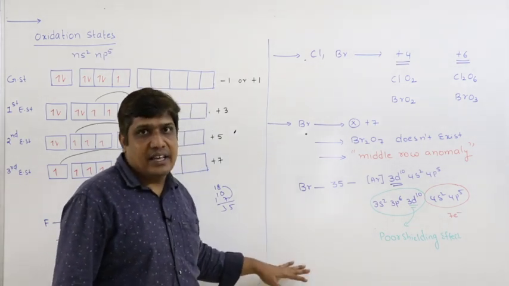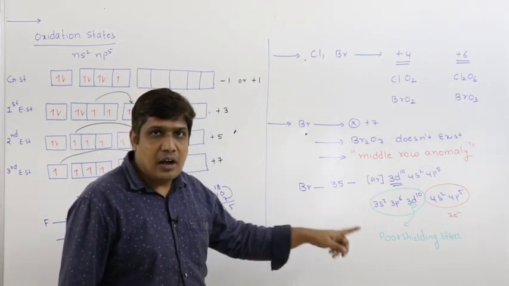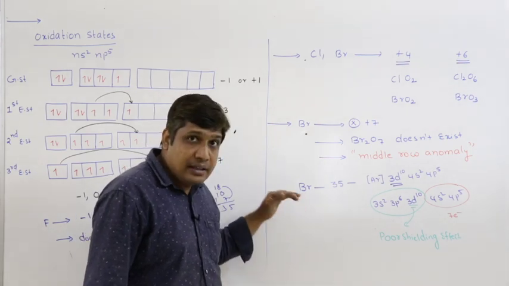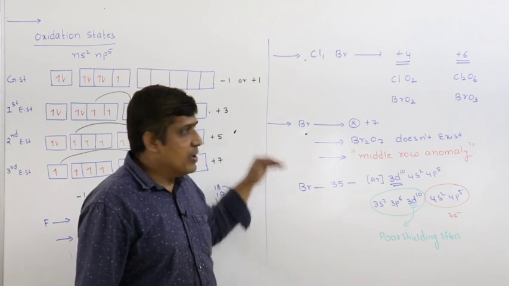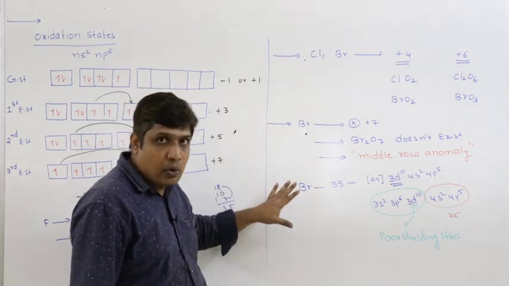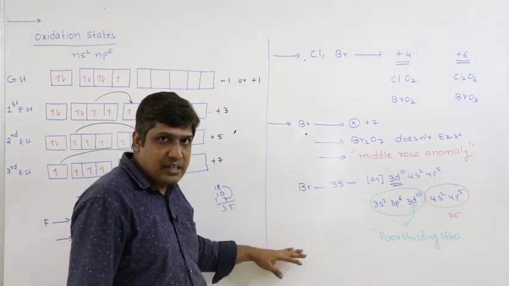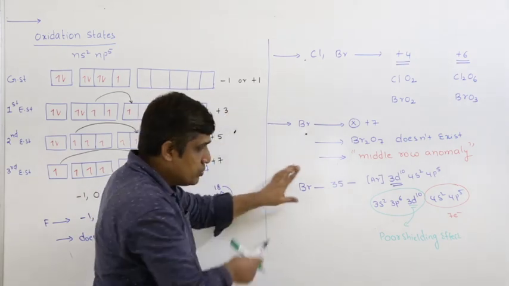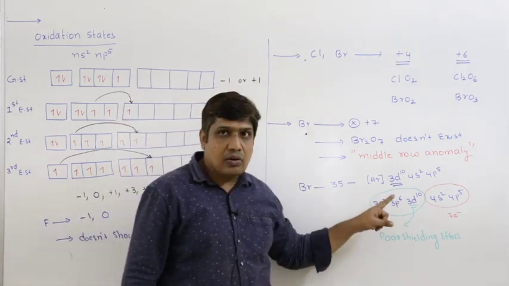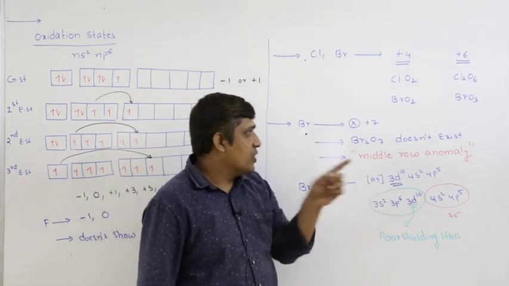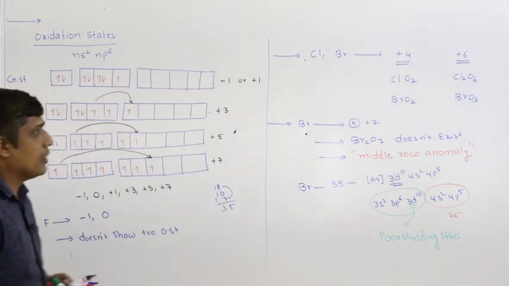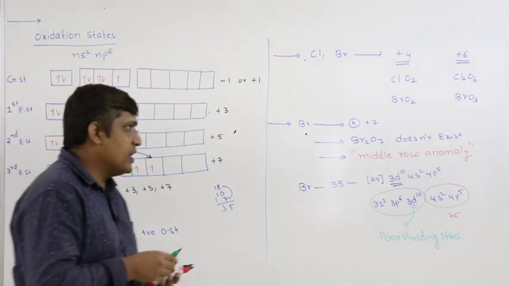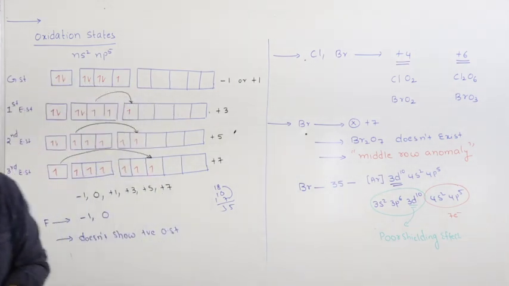In other cases, the compensation may take place, but in the middle element, wherever you have 3d electrons. Fluorine, chlorine, bromine, then iodine, astatine. So between the top two and last two, bromine is the middle element where 3d electrons are present. That is why we call it middle row anomaly. So bromine doesn't show +7 oxidation state.